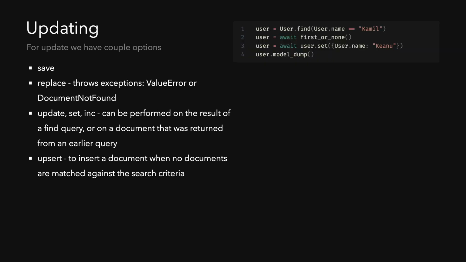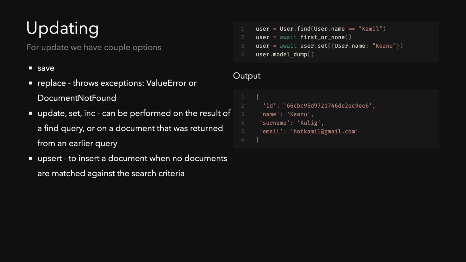And upsert is to insert a document when no documents are matched against the search criteria. For example, I use set, and as you can see, it's not very hard. We change the name from Kamil to Keanu, and yeah, it's Keanu Kulig. I forgot to change his email, but yeah, Keanu is hot too.